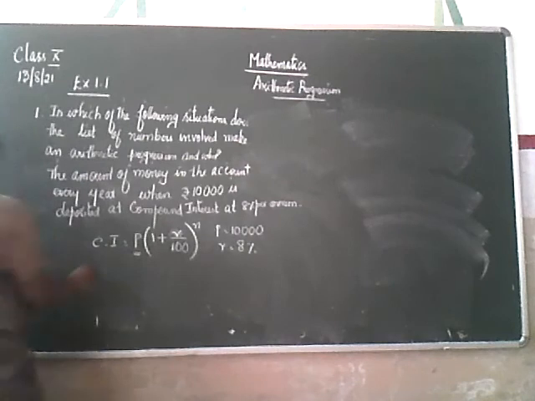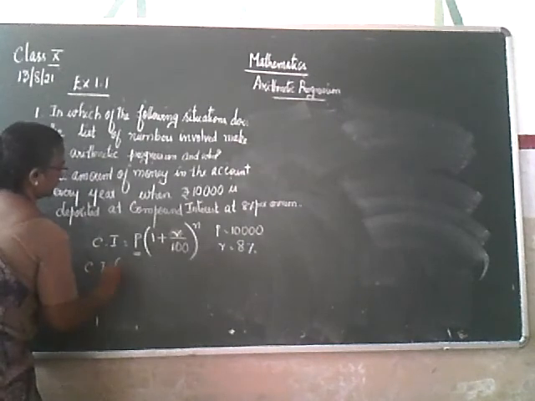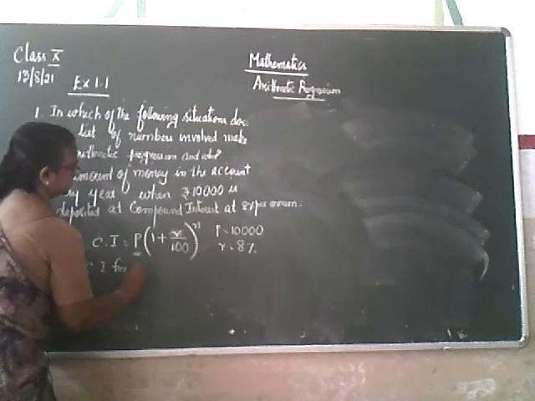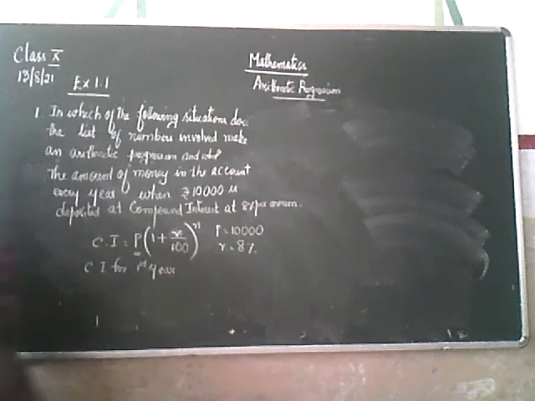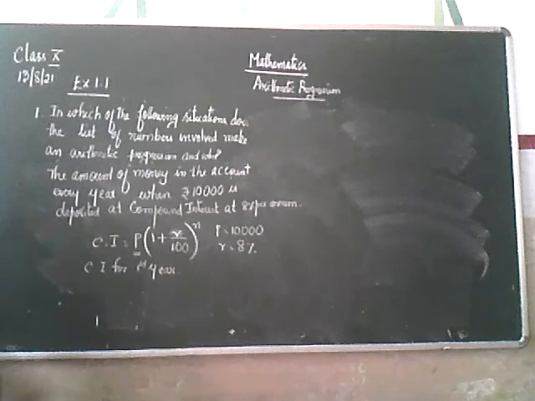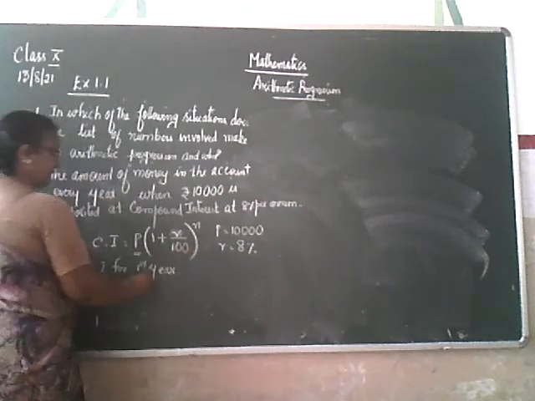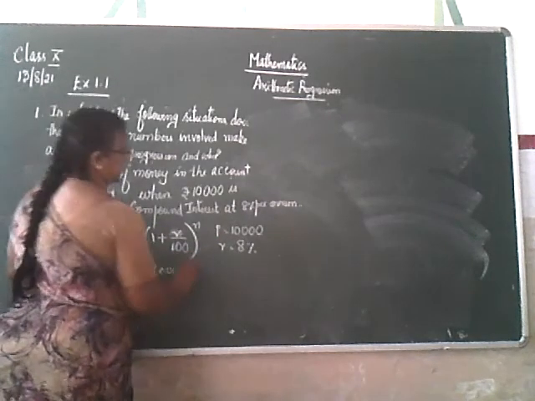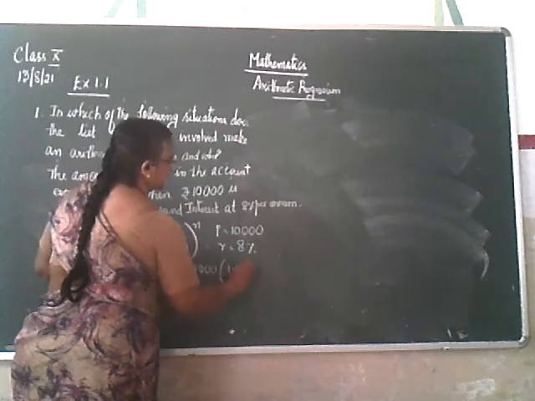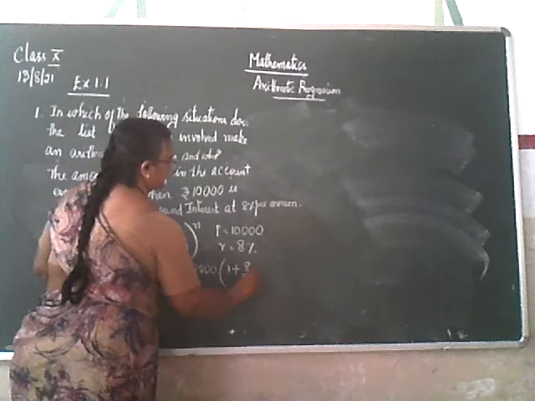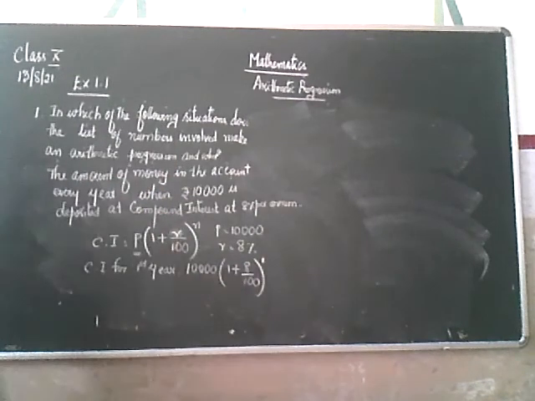So let me consider the compound interest for the first year. Initially P is 10,000. Afterwards the compound interest is 10,000 into 1 plus 8 by 100, the whole to the power of 1. That is the first year, isn't it?